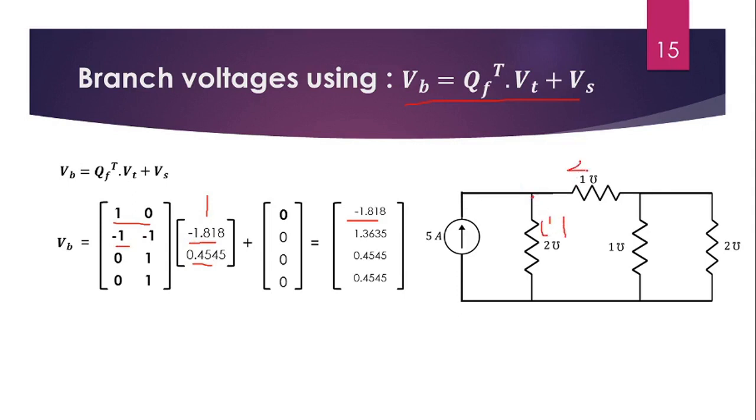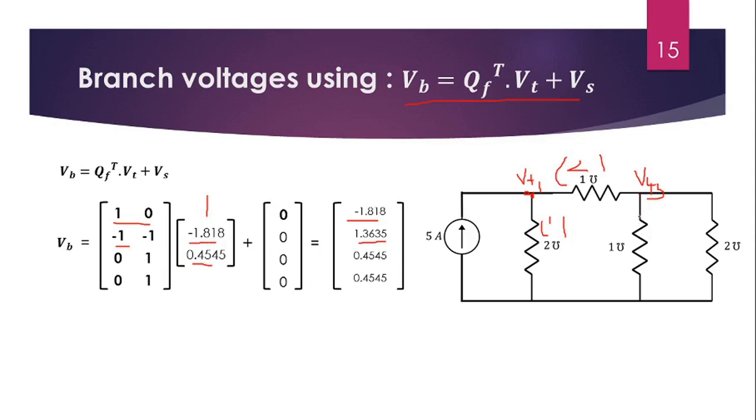Branch 2 voltage is nothing but the voltage between two twig voltages, that is vt1 here, and this is vt2, or two node voltages. So 1.818 minus 0.4545, so we are getting 1.3635.